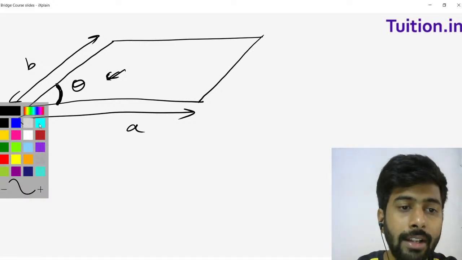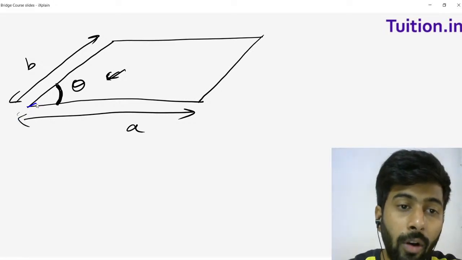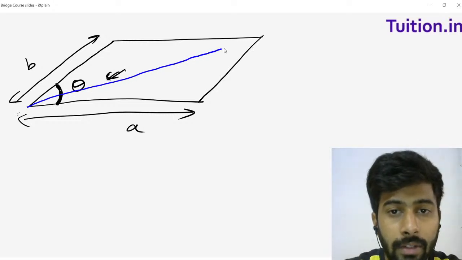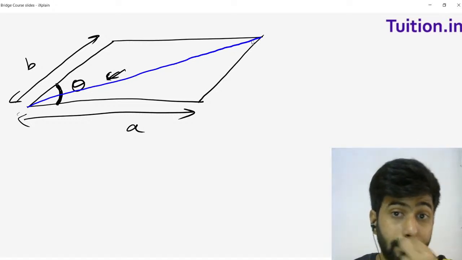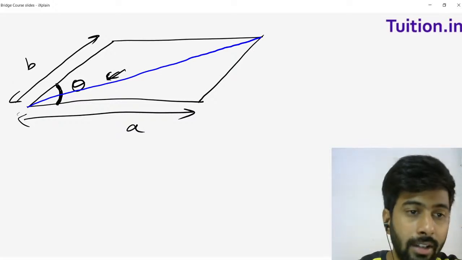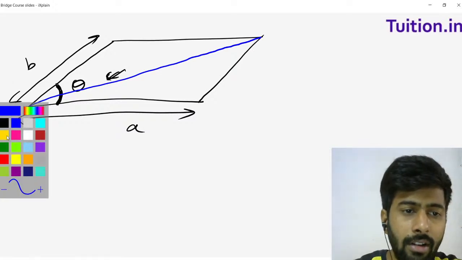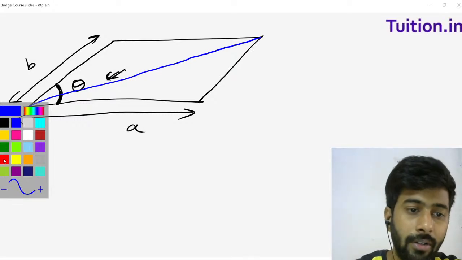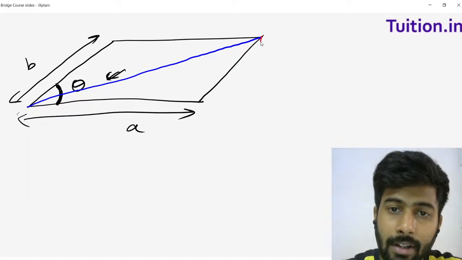So what do we need, guys? We need this blue fellow. We need the length of this blue fellow. So to do that, what we will do is we will do some construction, okay? Which means I will construct a right angle triangle here.